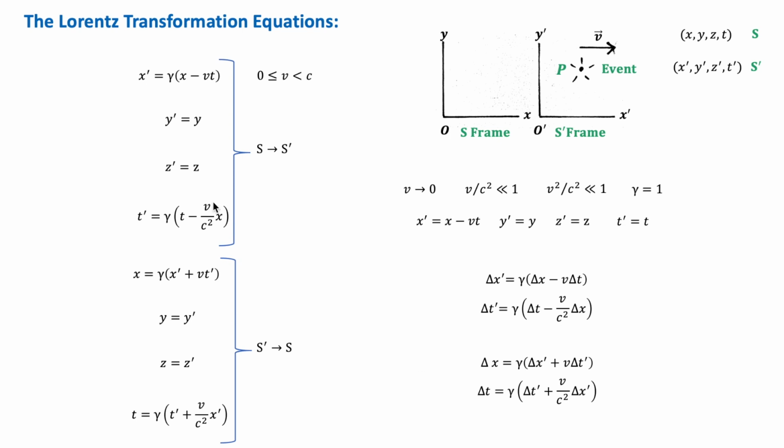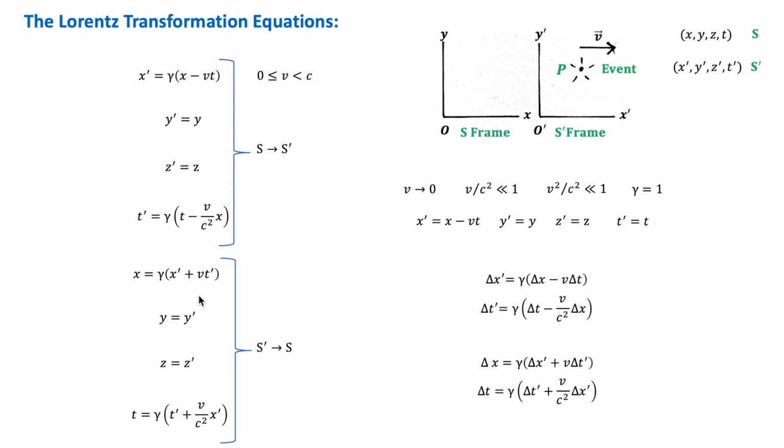And as you can see from these equations, unlike the Galilean transformation where t is equal to t dash, the time t dash of the event as reported by the observer in S dash depends both on the time t and on the coordinate x, which are measured by the observer in S. And so in relativity, space and time are not separate concepts, but are interwoven with each other, okay?